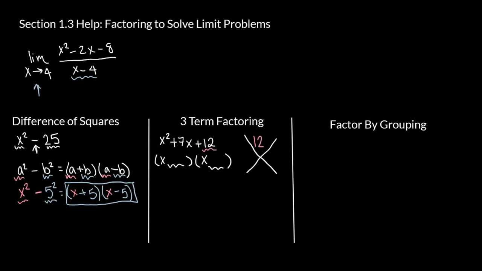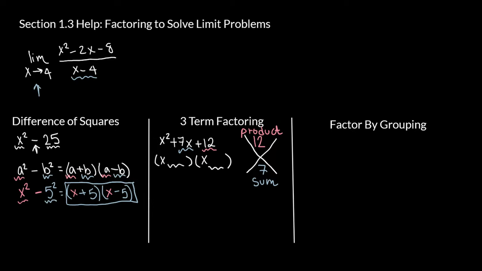I'm going to write that up here. That's a product that we're looking for. And then for our x term we have a 7, and that's the sum that we're looking for. By product and sum, I mean we look for two numbers to write with the x's in parentheses whose product is 12, so they multiply to 12, and whose sum is 7, so they add to 7.